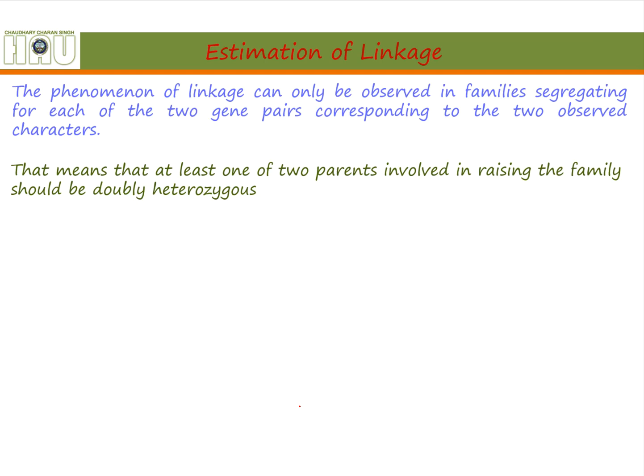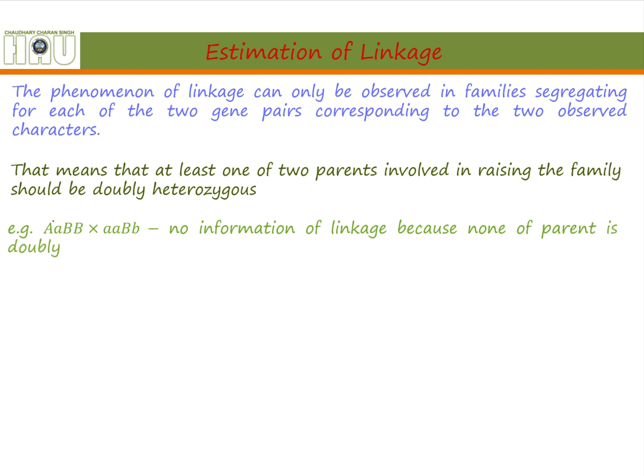This is because neither parent is doubly heterozygous. So, at least one of the two parents involved in raising the family should be doubly heterozygous in order to find certain linkage. So, suppose this is my cross.